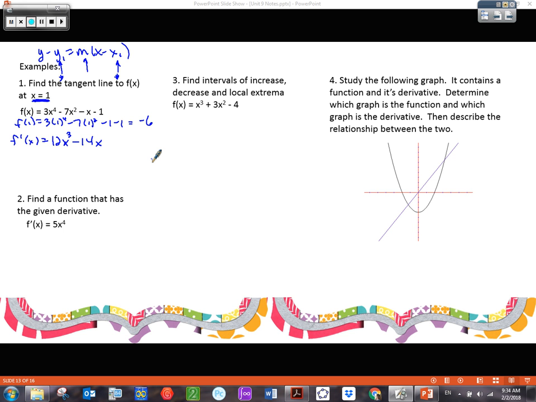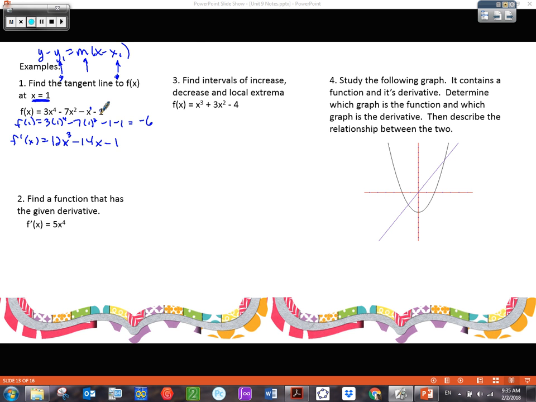The next one, negative x. The exponent is 1, so I bring the 1 down, and I have x to the 1 minus 1, which is x to the 0, which is 1. So the derivative of negative x is negative 1.